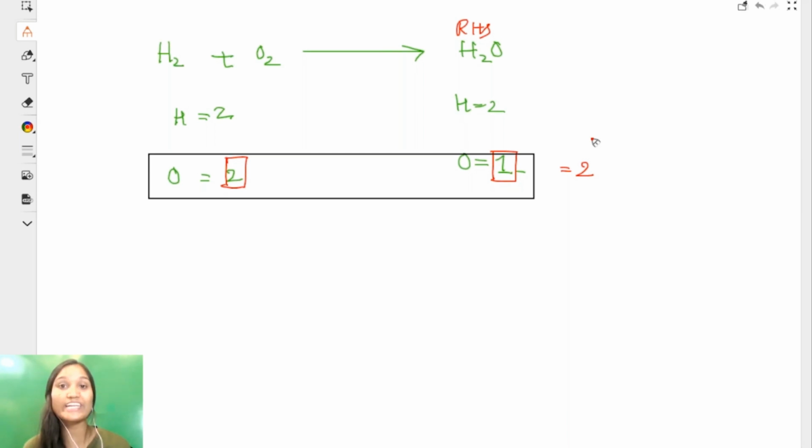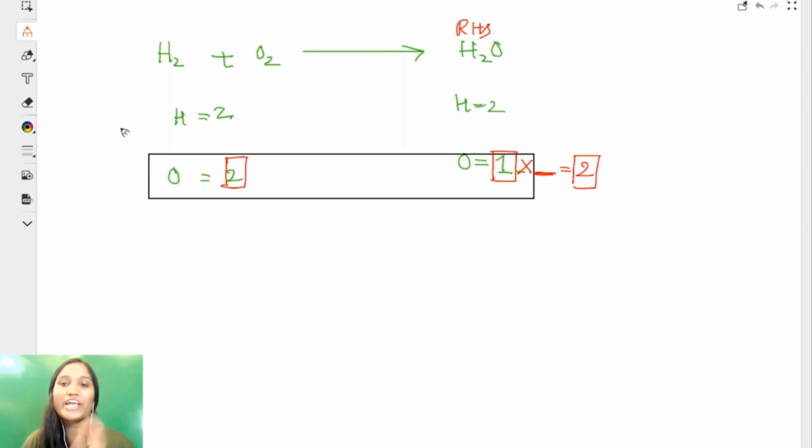You cannot use any other function other than multiplication. So, this existing number of oxygens should be multiplied with some number. Your wish, any number. But your answer should be 2. Am I clear? You can use only multiplication and your answer should be whatever number is there on the other side. You can place any number in this blank.